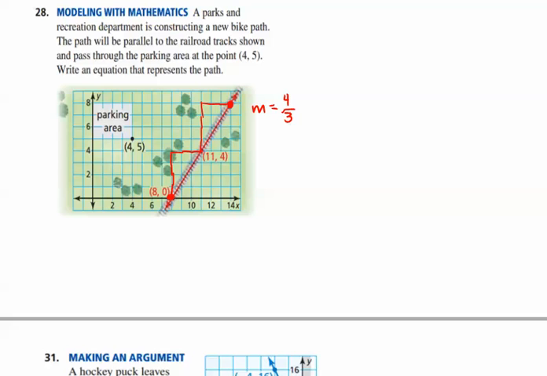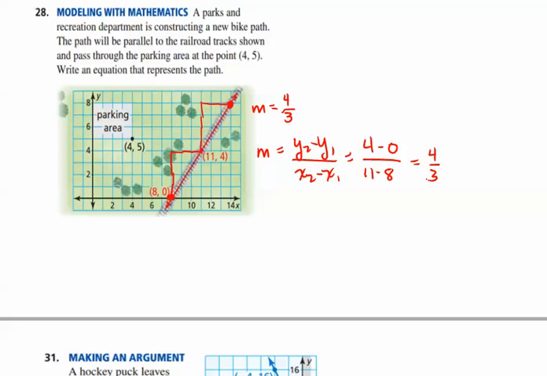So we can either find the slope using the method that I just used, or I can use y2 minus y1 over x2 minus x1, which would give me a slope of 4 minus 0 over 11 minus 8, which would be 4/3.